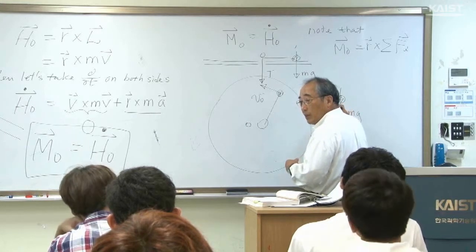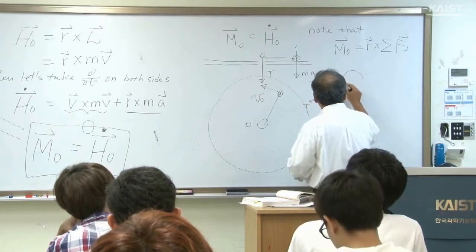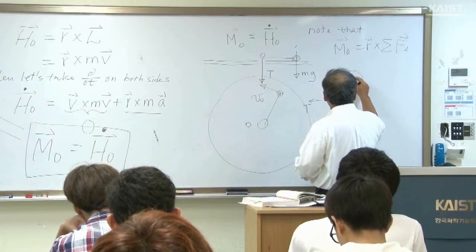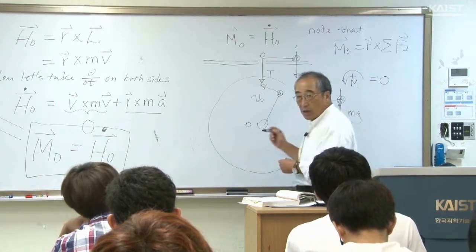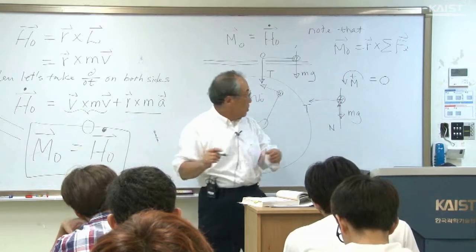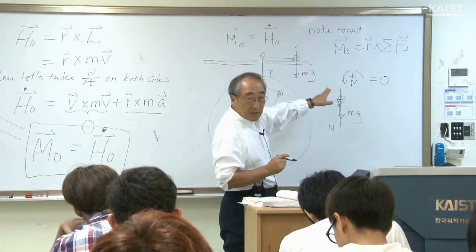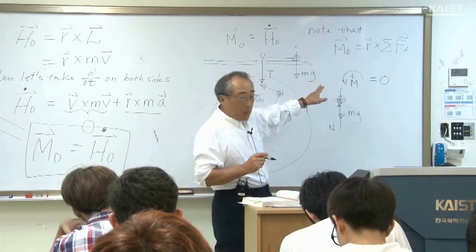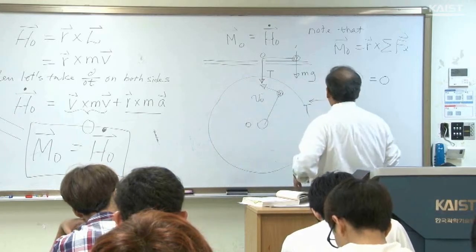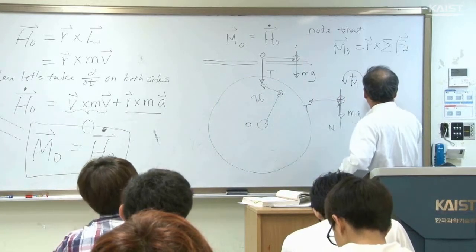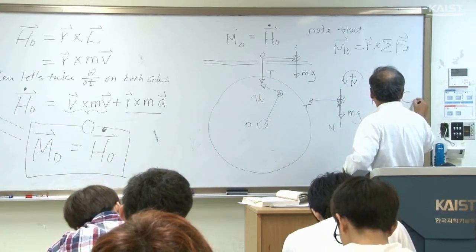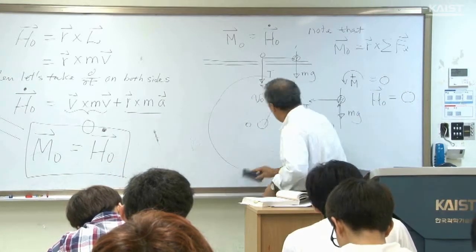So what I can observe is that there is no moment in this direction. Right? There's no moment in this direction. So moment is 0. Therefore, H0 is constant.